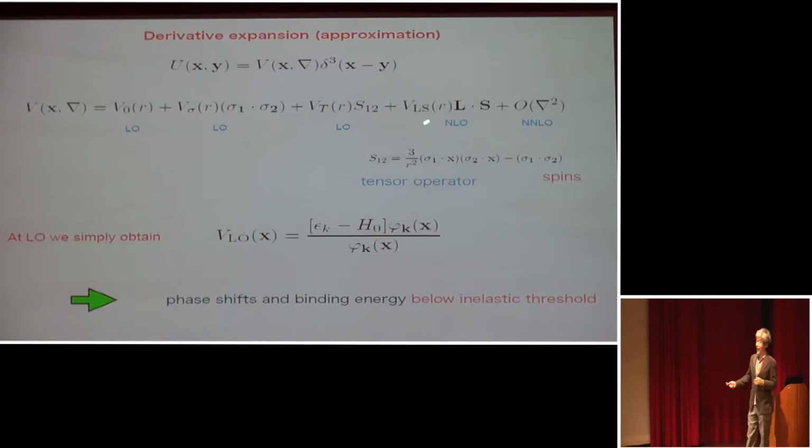At NLO, we have the spin-orbit force, and at NNLO, we have the second-order terms. Suppose we consider the leading order approximation; we can obtain this potential by just applying E minus H_0 to the NBS wave function and dividing by the NBS wave function. Once we obtain the potential, we can calculate the phase shift and the energy below the inelastic threshold. That is our strategy.